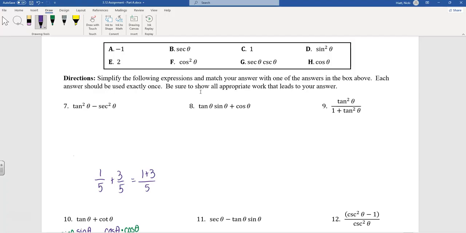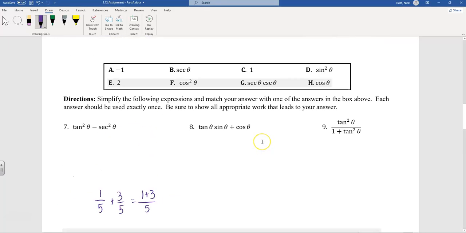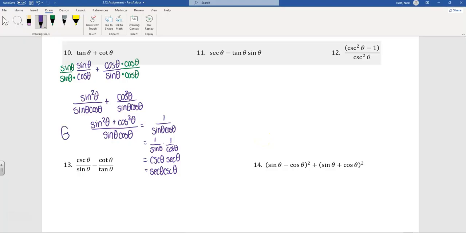All right, what do you think, Saul? Which one? Very good. Secant theta, cosecant theta, because this is the same as 1 over sine theta times 1 over cosine theta, right? 1 over sine is cosecant of theta, and 1 over cosine is secant theta, but it doesn't matter what order those are in, so you could call it secant theta, cosecant theta, and that is going to be G for that one.